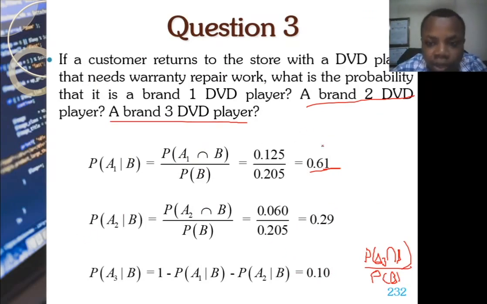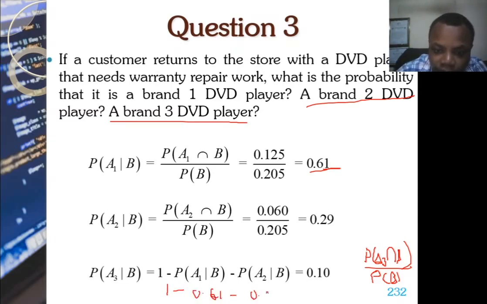Or better still, we can add these two and subtract from 1 as we have here. So 1 minus 0.61 minus 0.29, and this is just going to give us everything that we have here at 0.101.